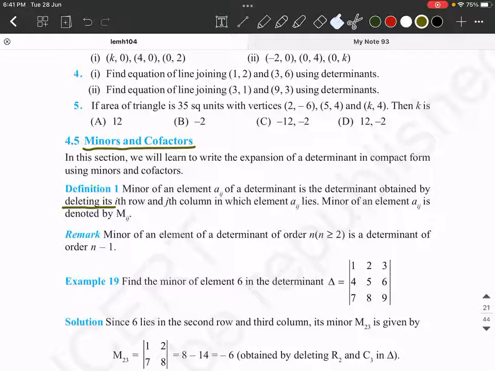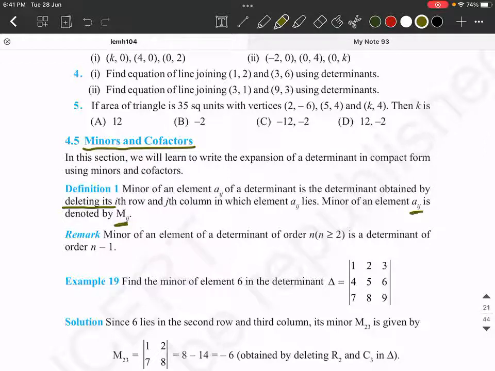Full stop. How is the minor of an element represented? Minor of an element Aij is represented as capital M with the subscript ij. So minor of an element Aij is denoted by capital Mij.